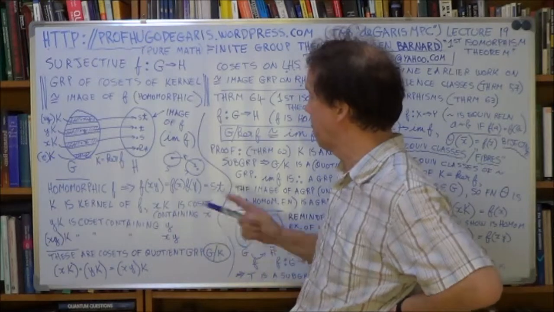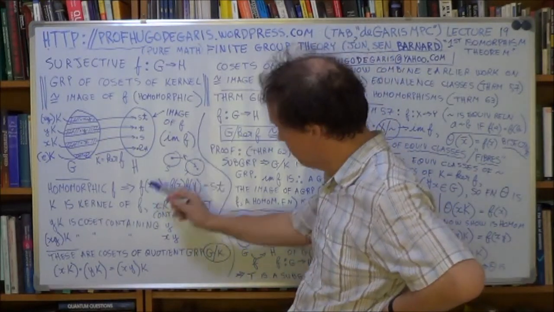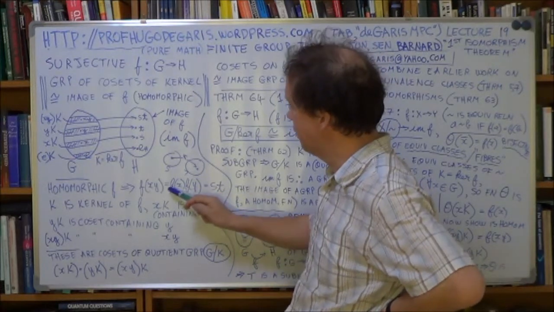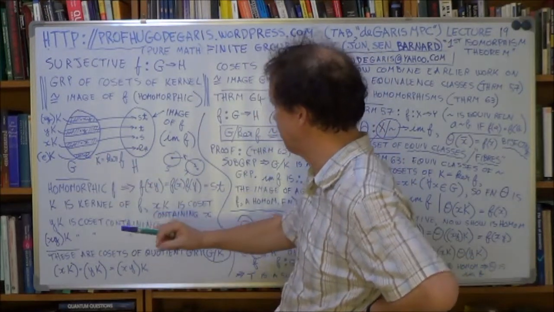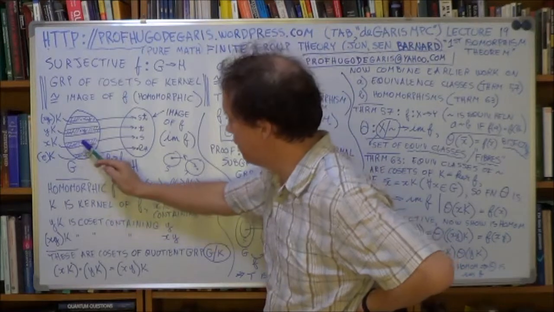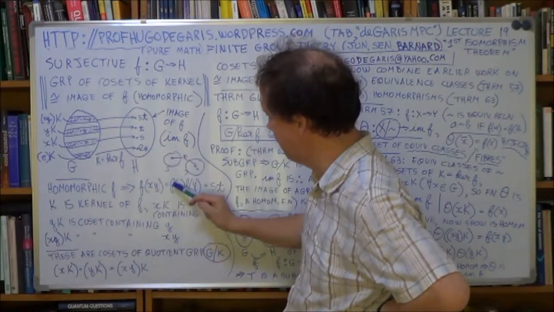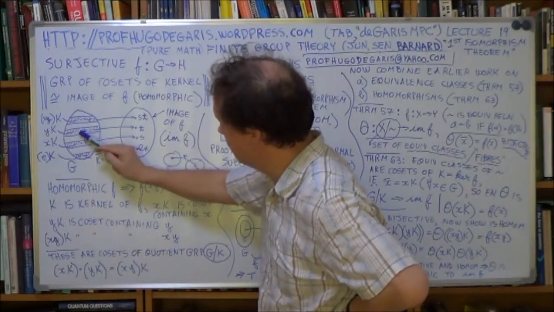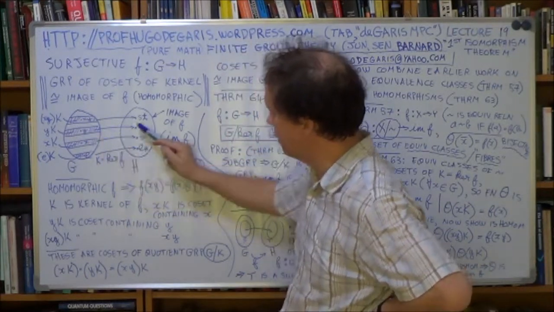That's the test. Now because f is homomorphic, f of xy equals f(x) f(y). And what's f(x)? Well, x maps to s, so f(x) is just s, and f of y maps this point y to t.